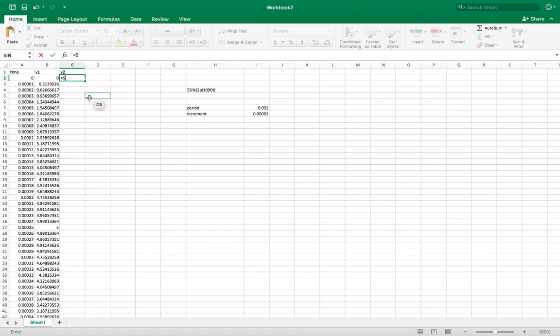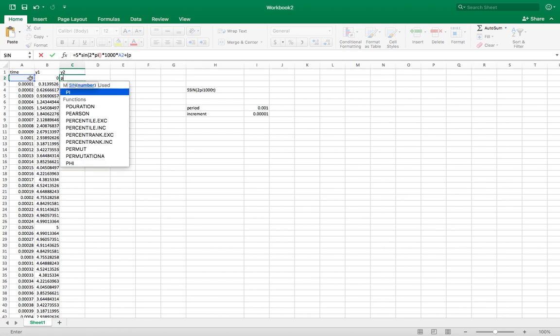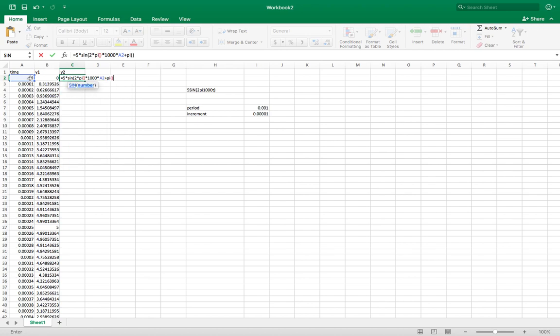I have an amplitude of 5 times sine of 2 times pi times 1,000 hertz times t, plus, let's add a phase shift of just pi. We don't actually need to put parentheses unless we're doing pi over 2 or pi over some value. But we need to close the sine argument.